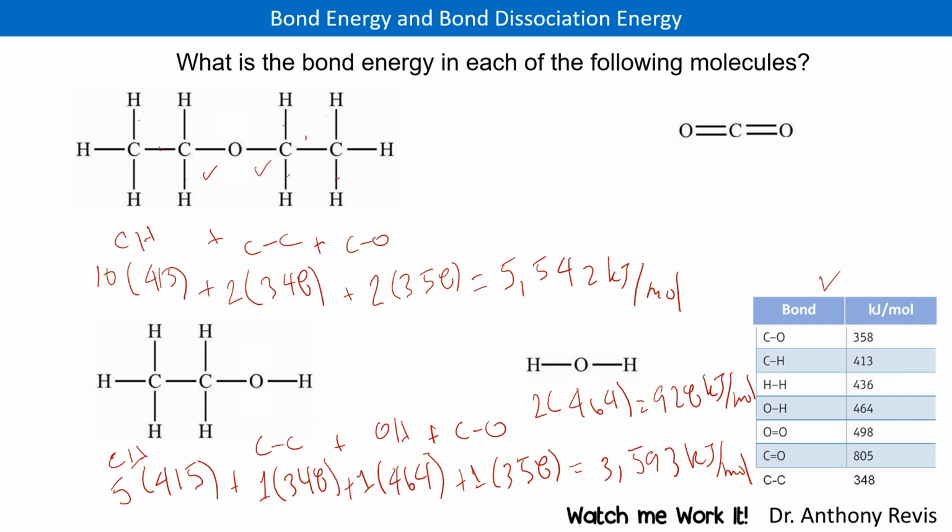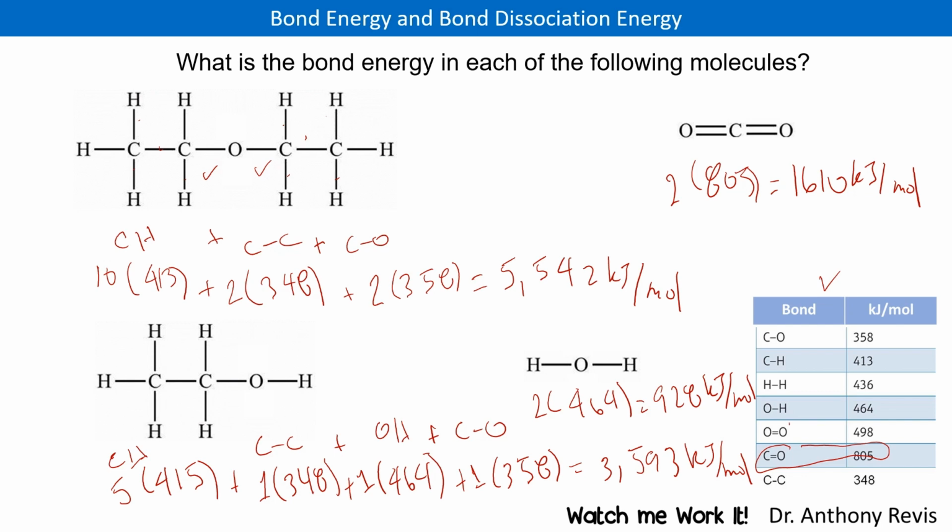And if we go up to CO2, this is going to be 2 times the energy in a CO bond, which is right here. We have 2 of those. So 2 times that value, 2 times 805, is going to give us 1610 kilojoules per mole.